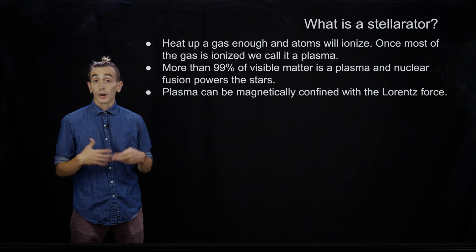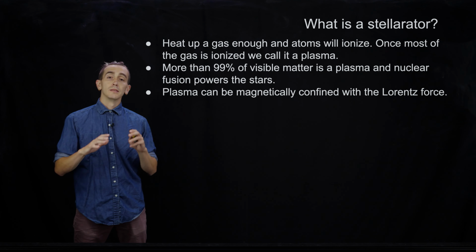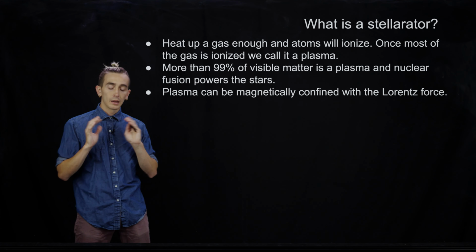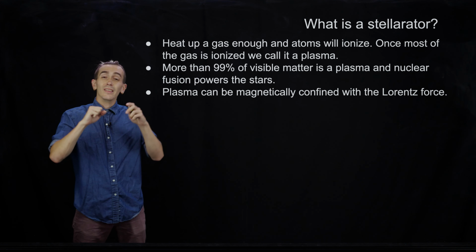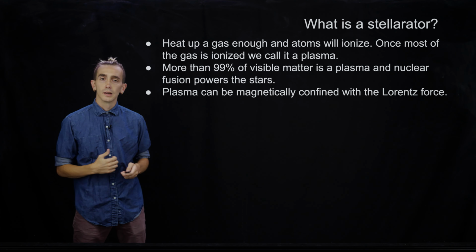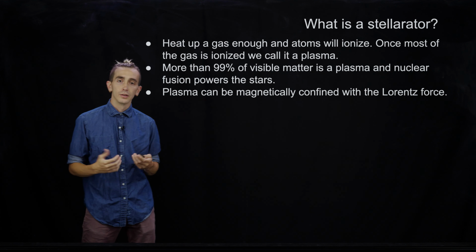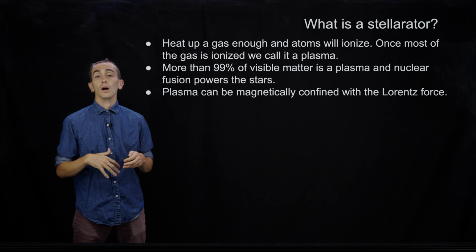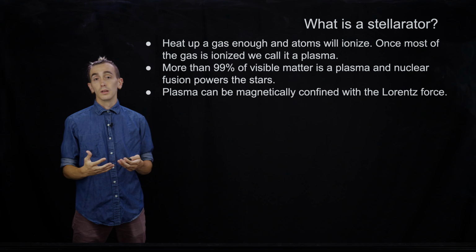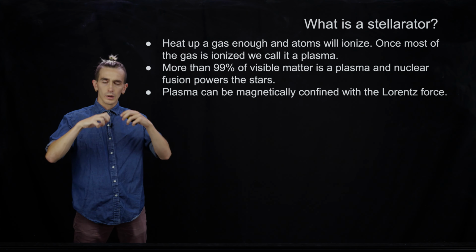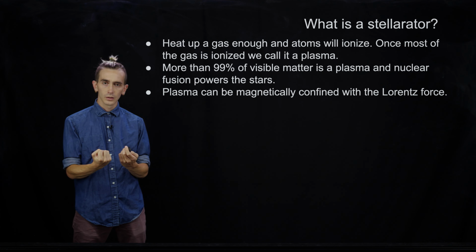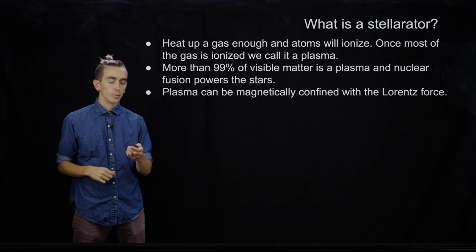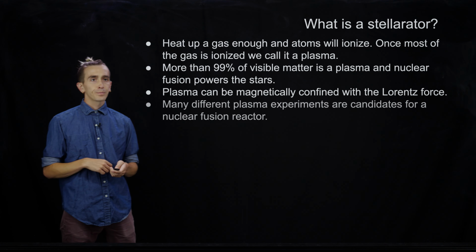One way we can try to achieve this is by making a bunch of plasma in some vessel and then squeezing that plasma to very high temperatures and hopefully higher densities with big superconducting magnetic coils. So we confine it with very strong magnetic fields, and this squeezes the plasma together very nicely.